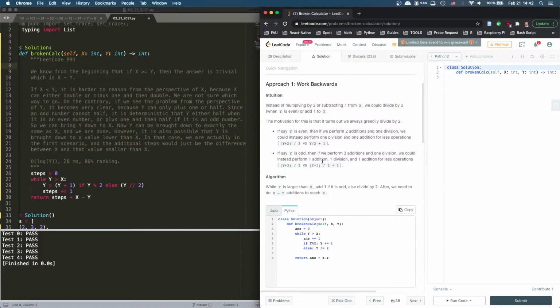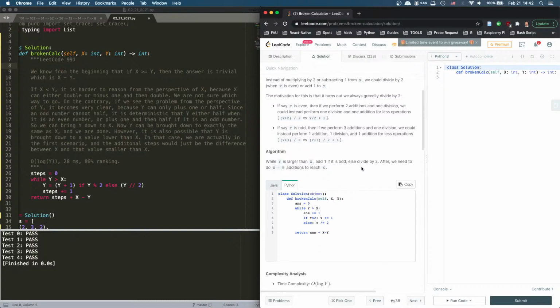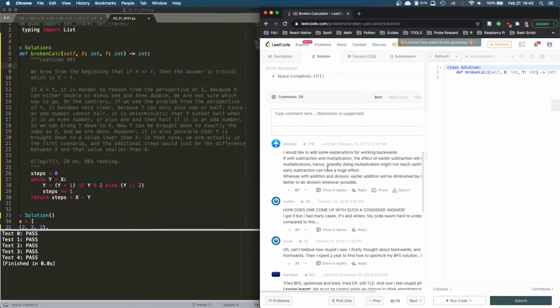Okay, it's going to perform one addition, one division. Yeah, when y is larger, add 1 if it is odd. That's what we need to do for the addition. Yeah, that's true.